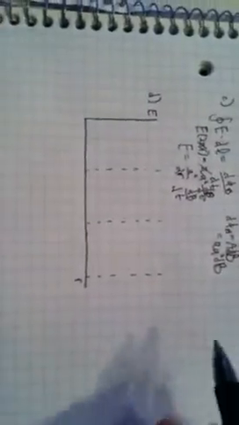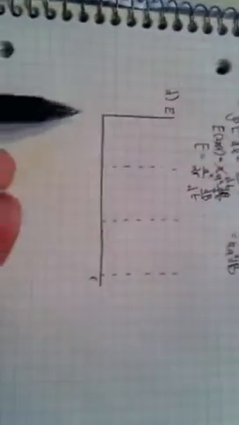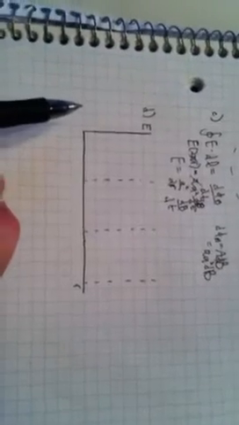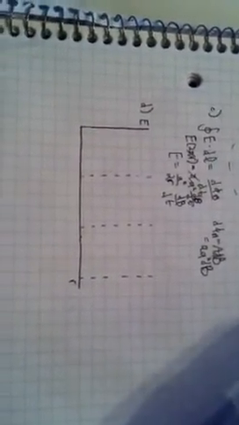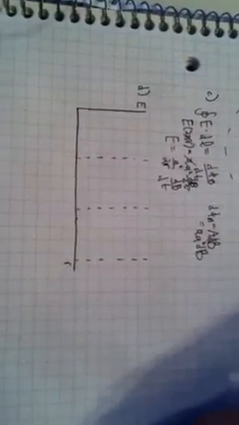Then for part D, we have a graph, and we use the equations. R is on the x-axis, E is on the y. So we figured out in part A that when you're inside the solenoid, E is r over 2 dB/dt.